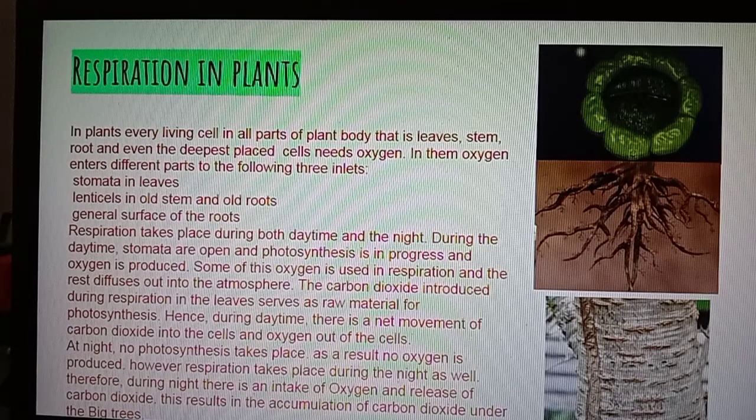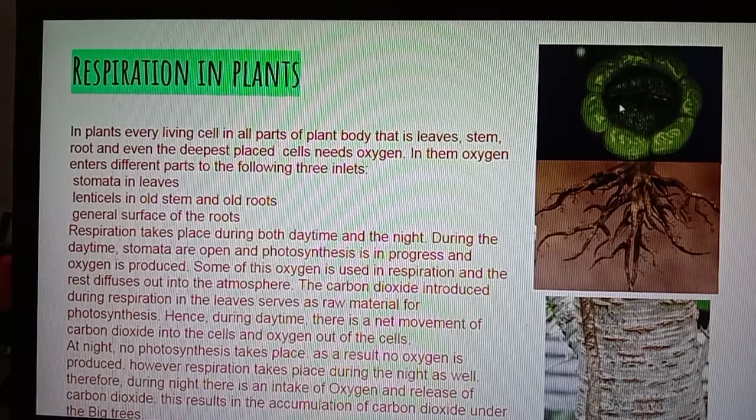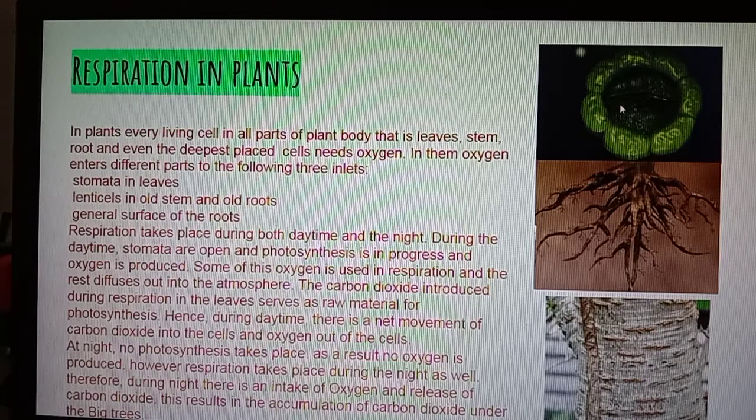To leaves, it reaches through stomata. Here you can see the diagram of stomata. In between there is an opening, and from that, exchange of gases takes place. Lenticels in old stem and roots. In the third diagram you can see some brown lines, these are lenticels.